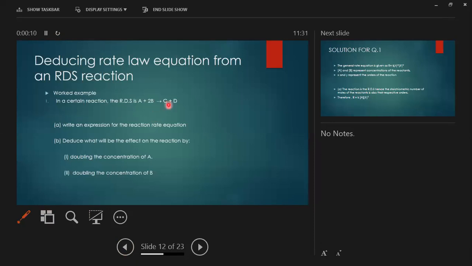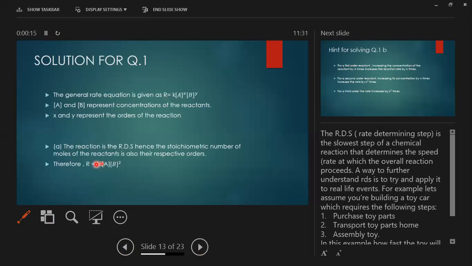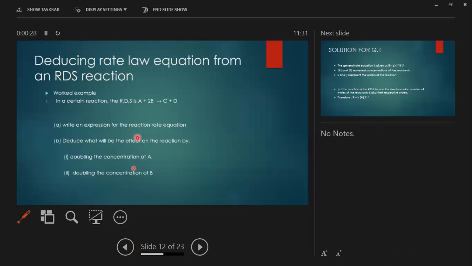So in the rate equation, we have A to the power 1, which you don't write, and then concentration of B to the power 2, because when you look at the chemical equation, the 2 there stands for 2 moles. So that stoichiometric mole becomes the power or exponent, referred to as the order of the reactant.